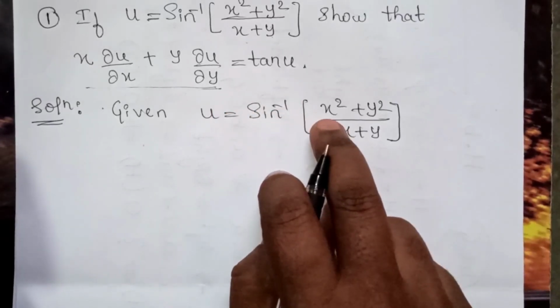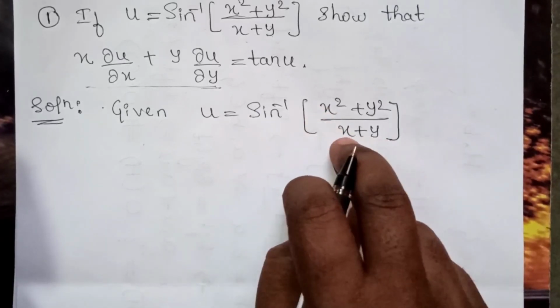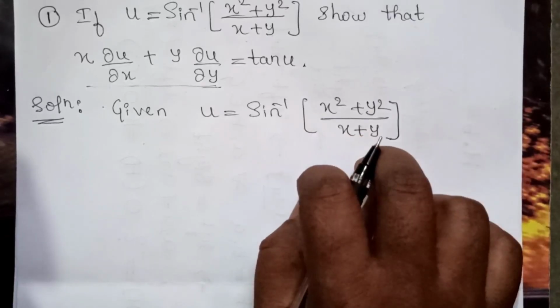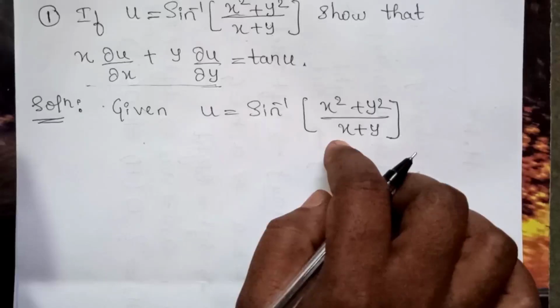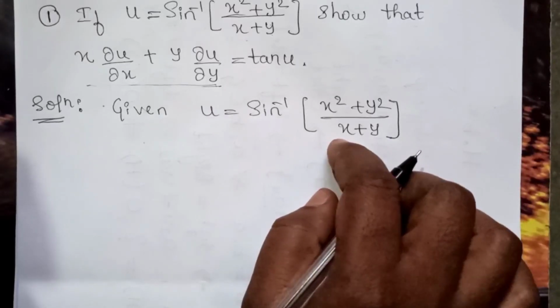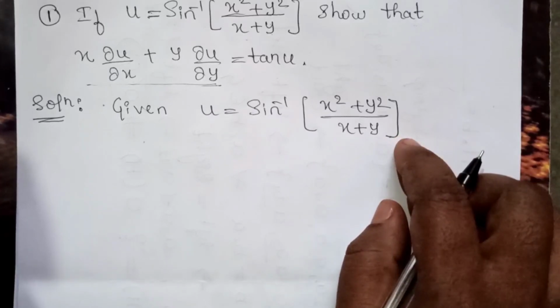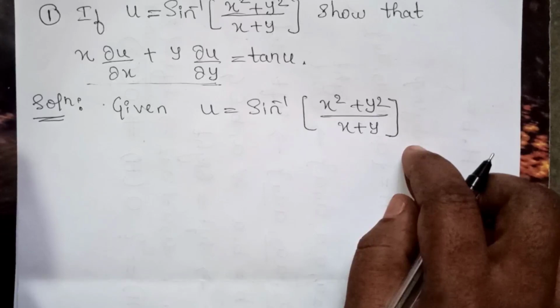If you take x square common in the numerator and x in the denominator, definitely we can express this in the y by x form, but sine inverse remains there. Therefore it cannot be represented in the form of a homogeneous function, so we are not going to directly apply Euler's theorem. First we have to express this function in homogeneous form, then we apply Euler's theorem.